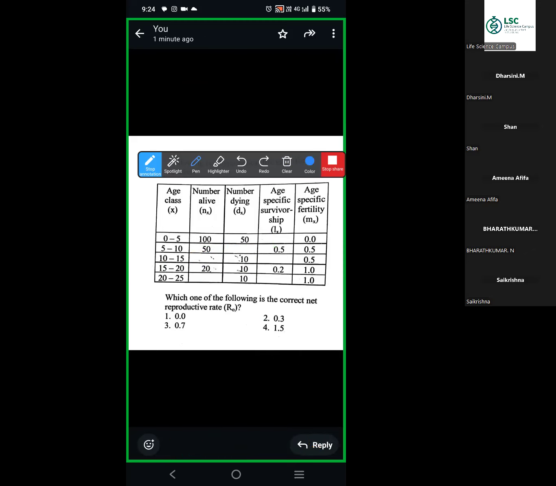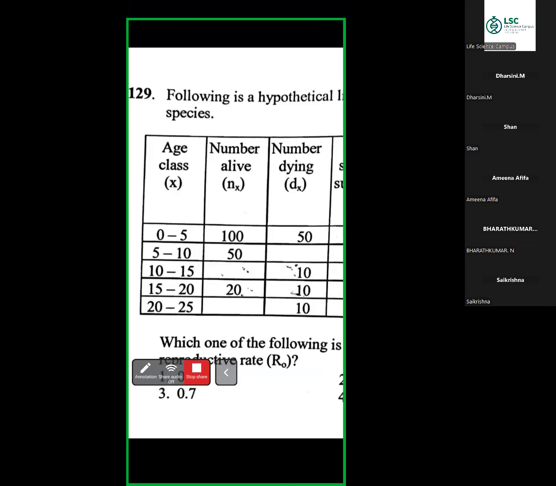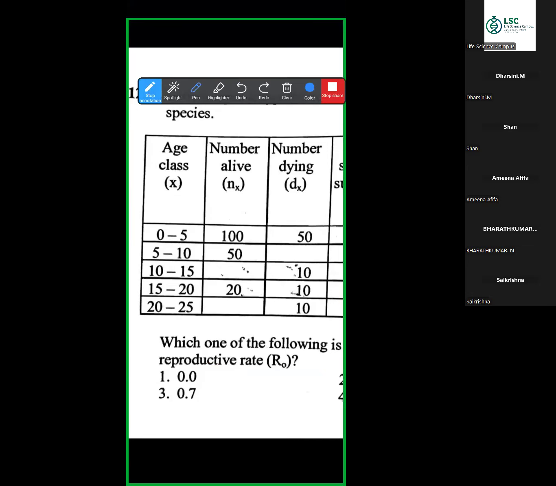I know there will be confusions. Everybody will not be able to catch this the first time. So I will explain it once more. First, we have to find the nx values. For finding nx, we have to find dx.